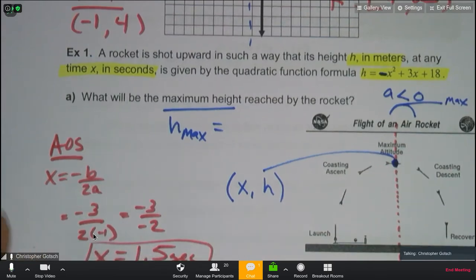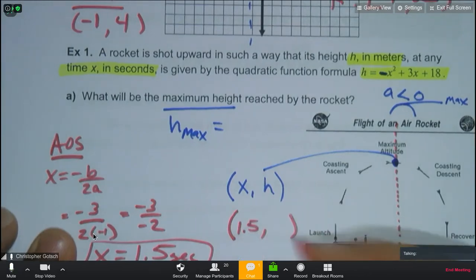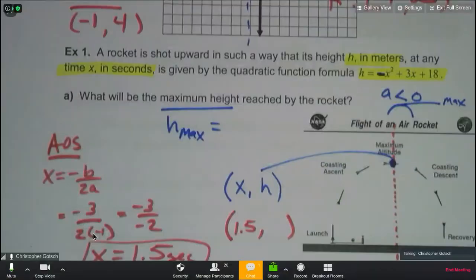Now, to answer the question, if it says, what will the maximum height be, and you tell me 1.5 seconds, I would look at you like, what? What are you talking about? That doesn't make sense. So now I want to find the height. And to find the height, what do we got to do? How do we find our height?